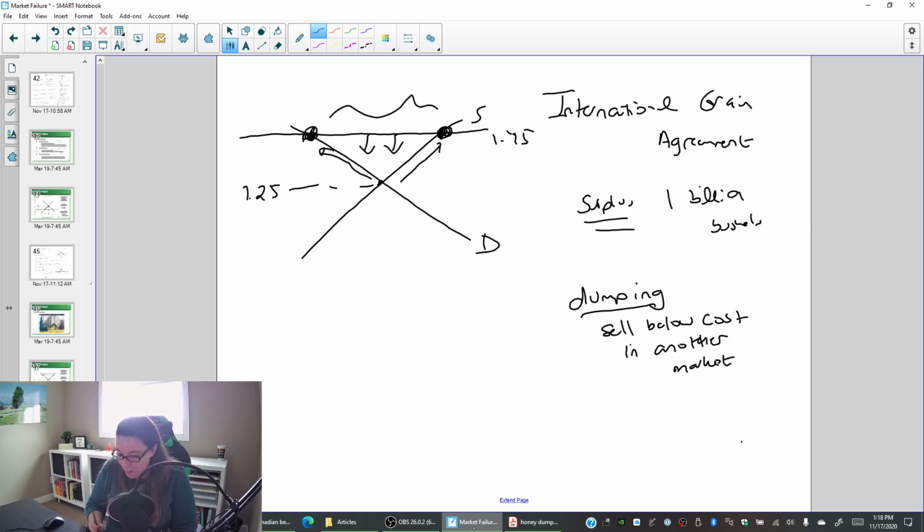So the problem with these price floors is they create a surplus. And if you don't get rid of the surplus, it's going to put downward pressure on your price. And so price floors can lead to dumping, selling below cost in another market to get rid of it. And those domestic markets that you're dumping your product in, they don't like it because you're destroying their own production.